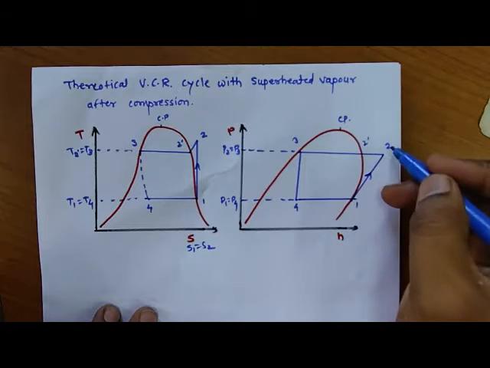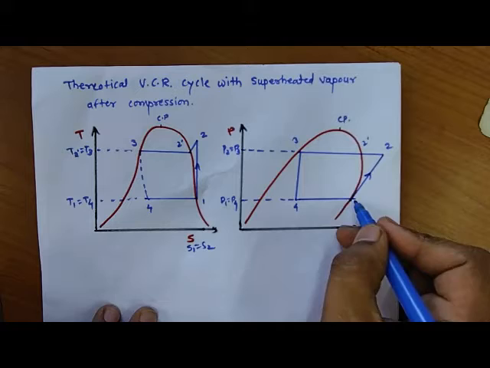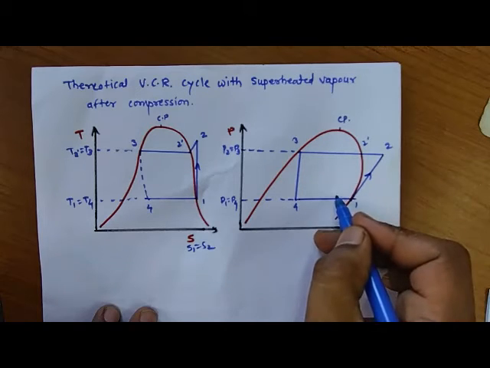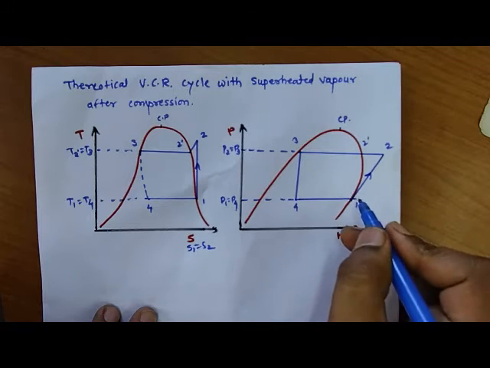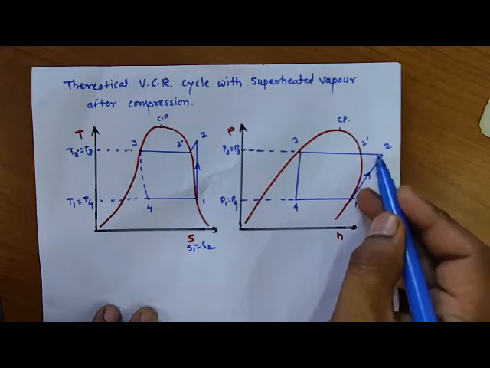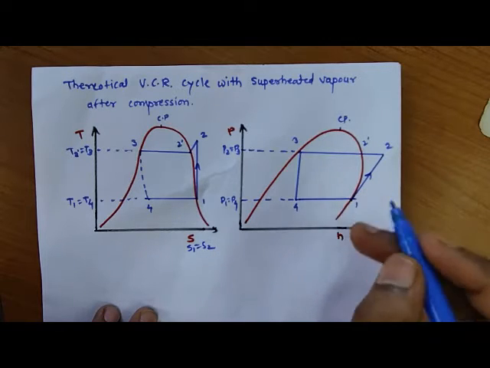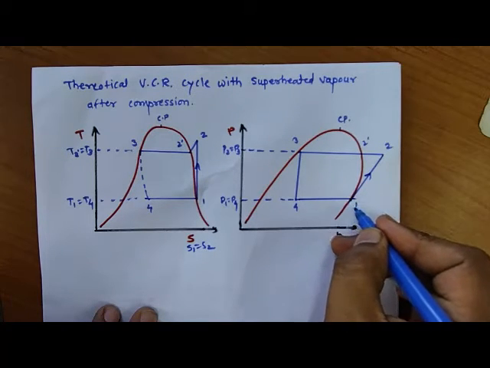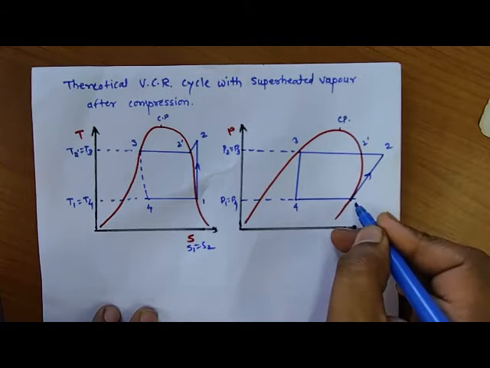If point number 2 is in the superheated region, point number 1 is available inside the dome or outside the dome, depending upon the temperature at point number 2. But for this cycle we will consider point number 1 to be on the saturated vapor line.